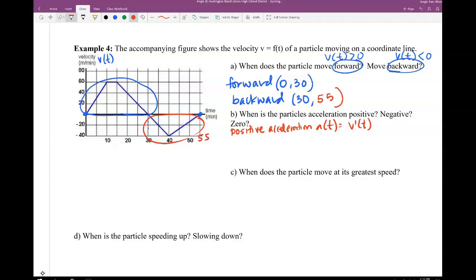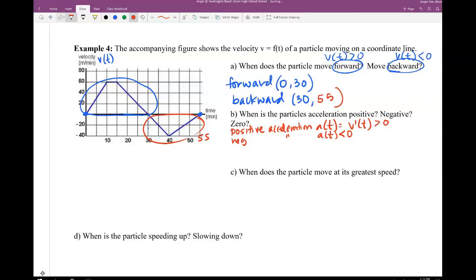Positive or negative? Positive, right? Okay. And then when do you think it needs to be, when is the negative acceleration? When a of t is less than 0. And when it's 0, then when it is 0, okay? When the derivative is 0.